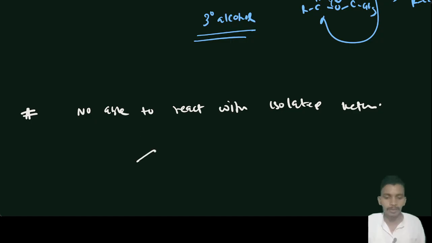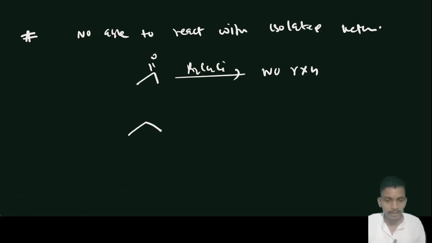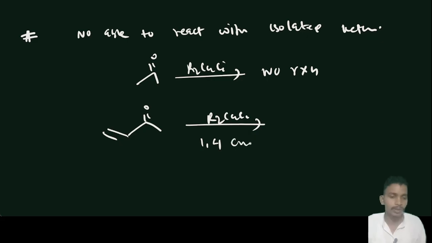It means that if this is there and you give R2CuLi, then there will be no reaction. But if you have a conjugate system and then you give R2CuLi, it will do conjugate addition, and you will get this type of product. That we will discuss. This is the first point.